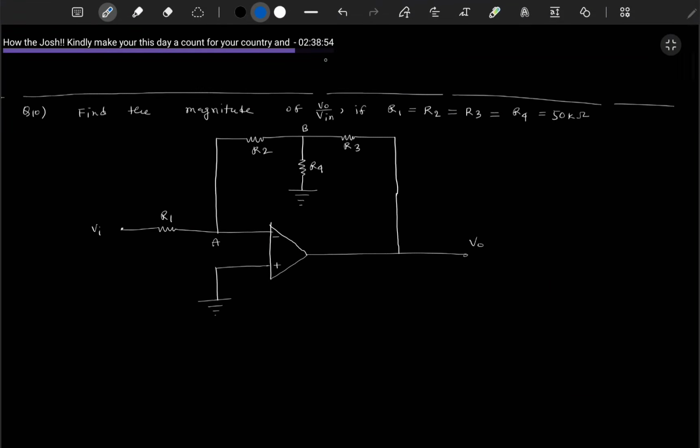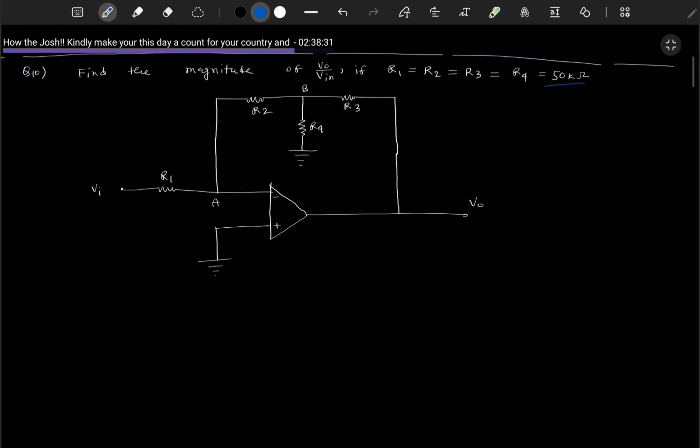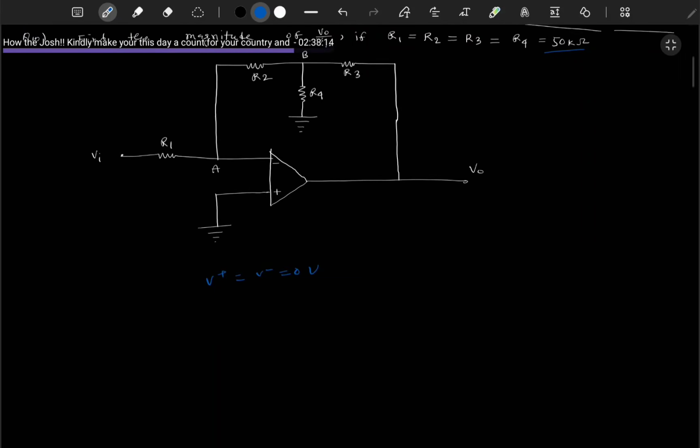So time is going on, as we are seeing here. Now question number 10. Find the magnitude of VO by Vin if R1 equal to R2, all are 50k ohm. So here at the negative terminal, feedback is there, so we can consider the virtual ground concept, V plus equal to V minus equal to 0 volt.